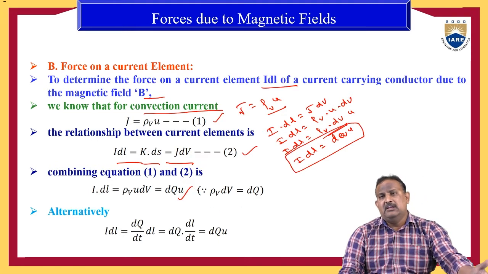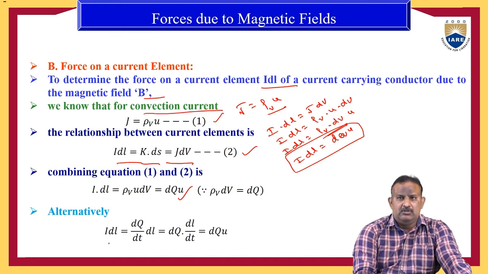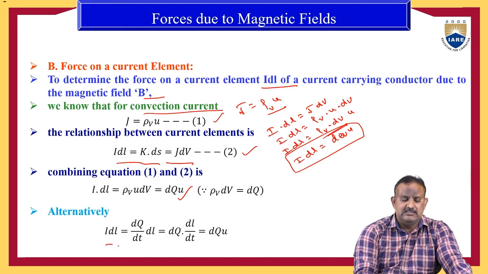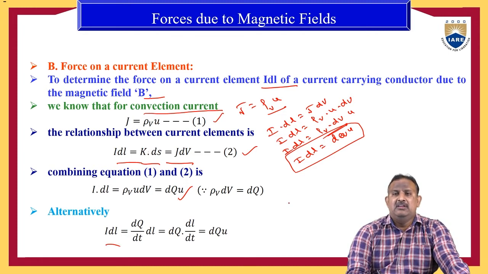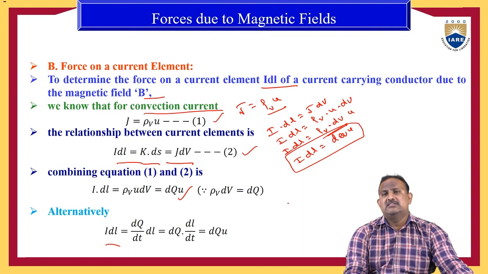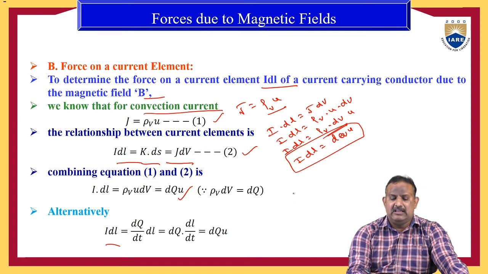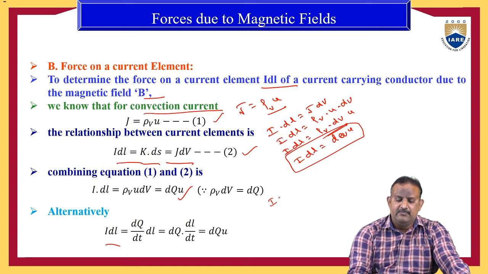Or another way: I dl is the current element, where I is the current, which is the rate of change of charge. Therefore in place of current I, I assume dq by dt.